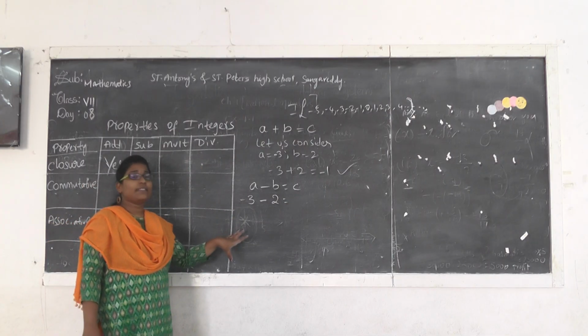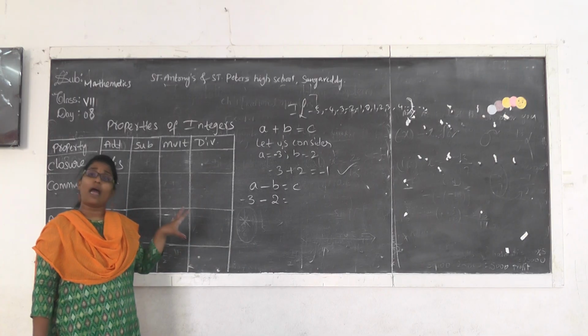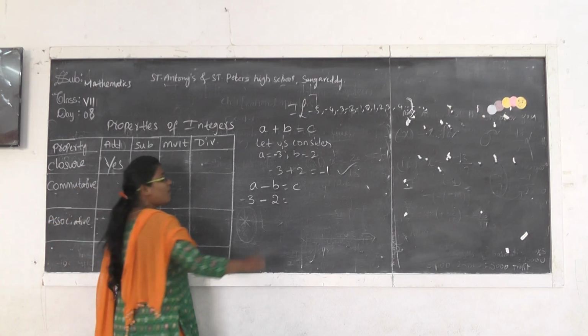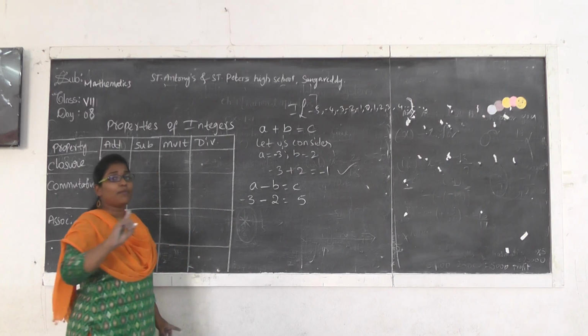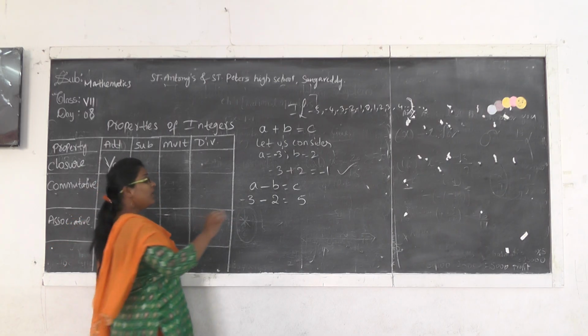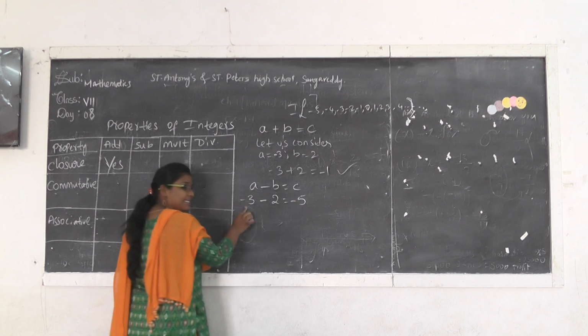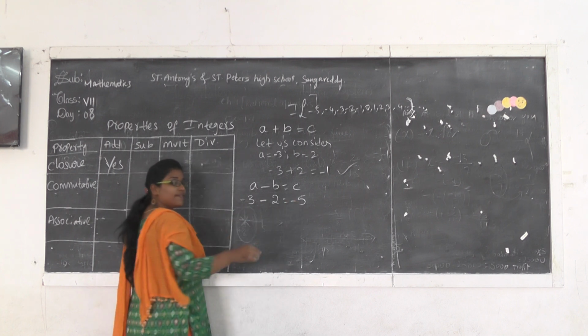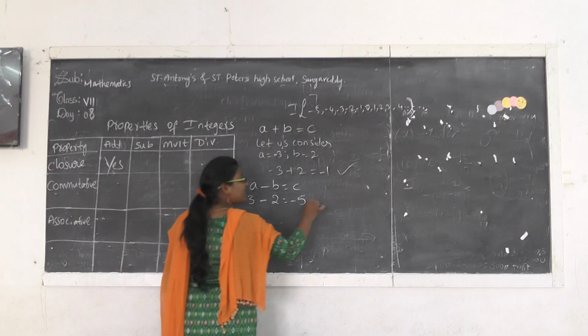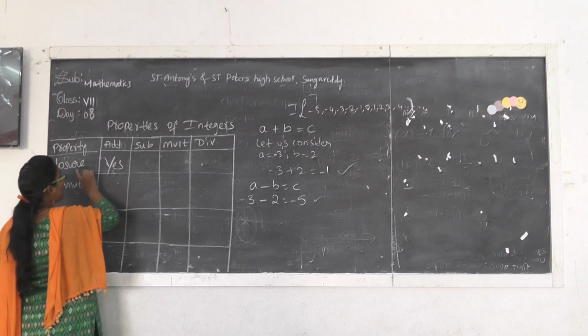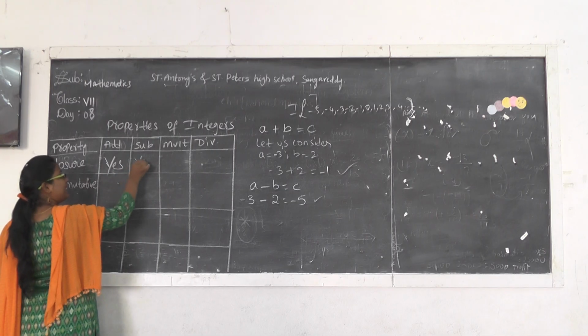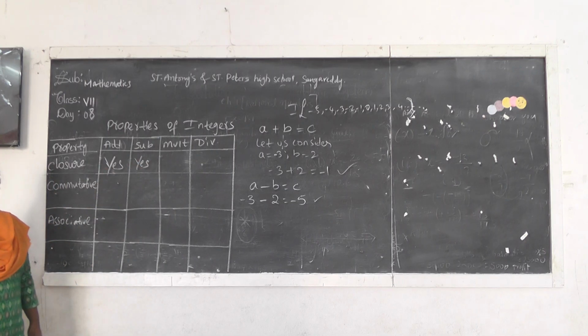If both have the same signs, we have to add. 3 plus 2 is 5. Since both are negative, the result is also negative. Here minus 3 is an integer, 2 is an integer, and the result minus 5 is also an integer. So closure property was satisfied under subtraction also.